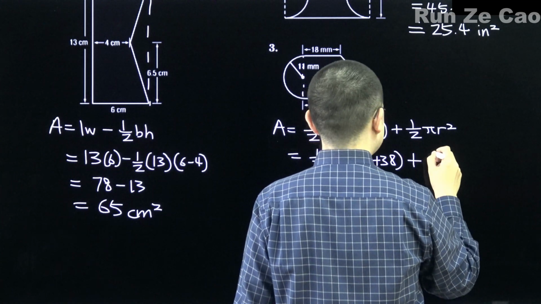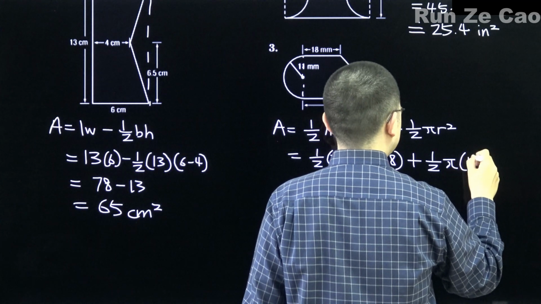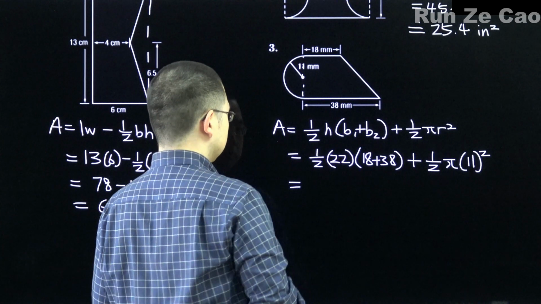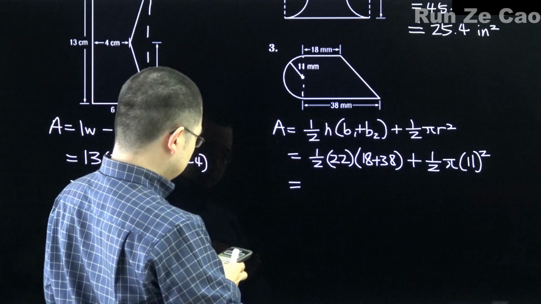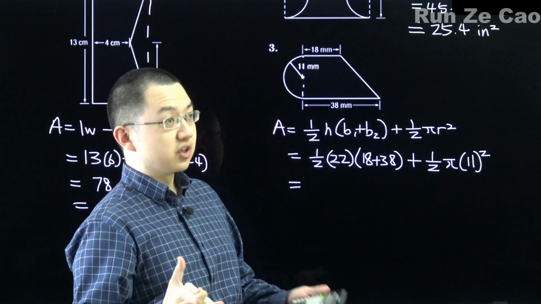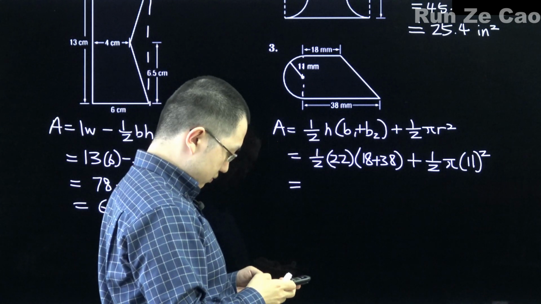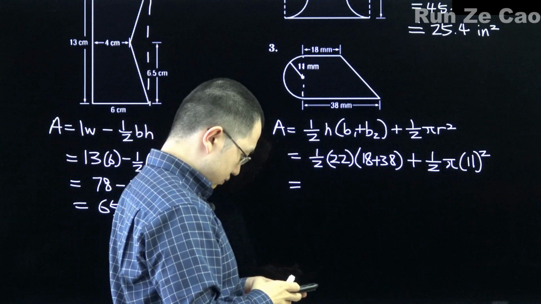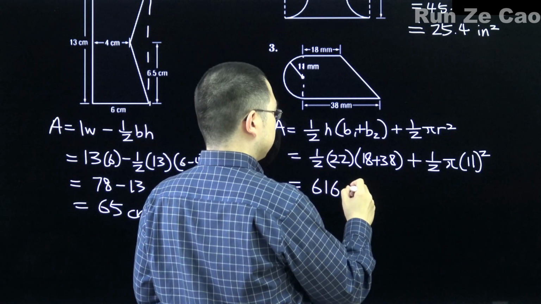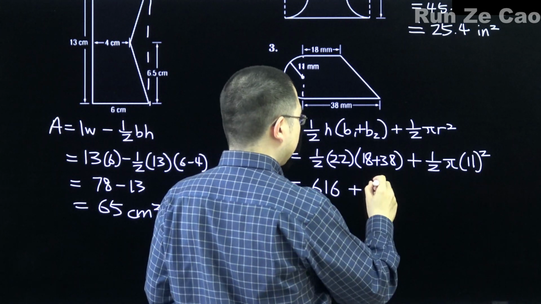Plus 1/2 pi R squared is 11 squared. So 18 plus, average of 18 and 38 is just going to be 28 times 22 is going to be 616 plus 121 over 2 pi.